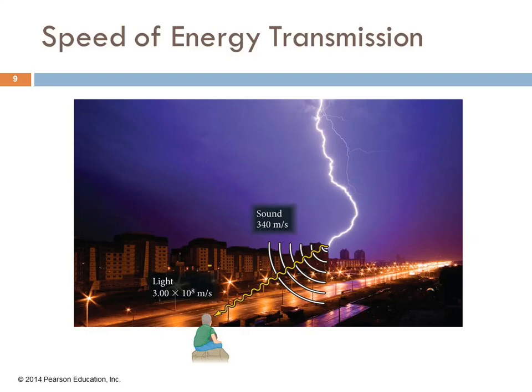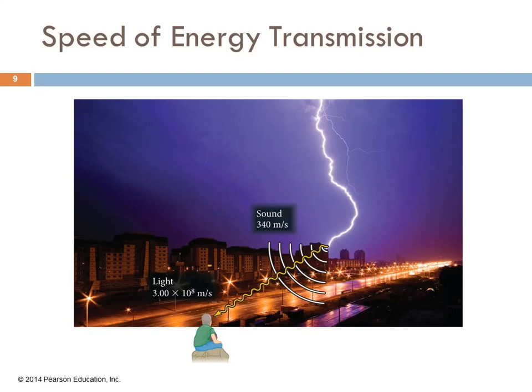Sound moves much slower. Sound travels at about 340 meters per second compared to 3 times 10 to the 8th meters per second. And that's how you get this concept of estimating how far away the storm is by counting the seconds between when you see the lightning strike and when you hear the thunder.